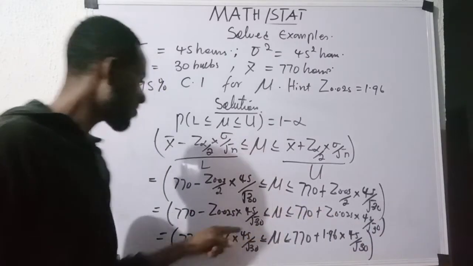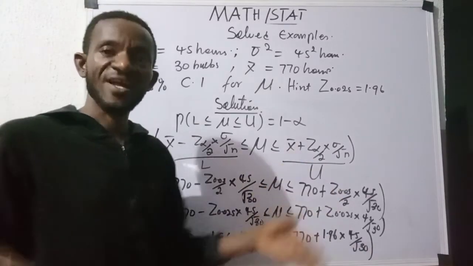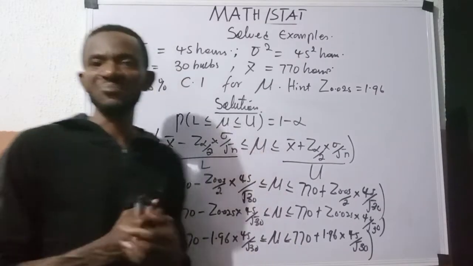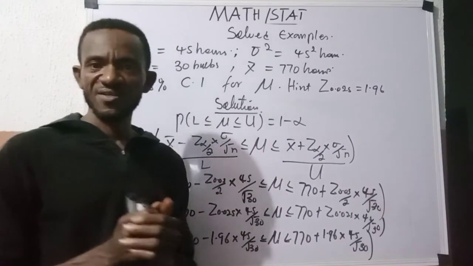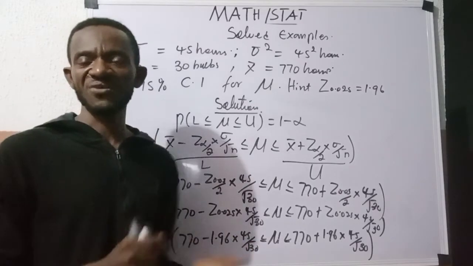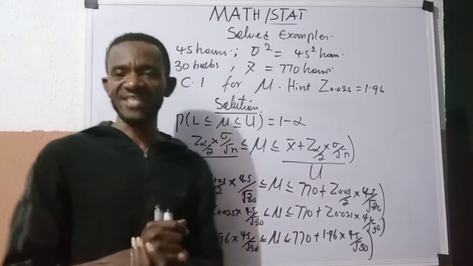And those values stand for what we call the confidence interval that will be able to bind our unknown population mean mu. So you can just press your calculators and get the values, because trying to get it here is going to make the size of the calculation very large.